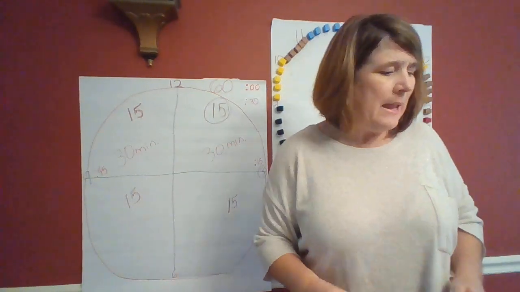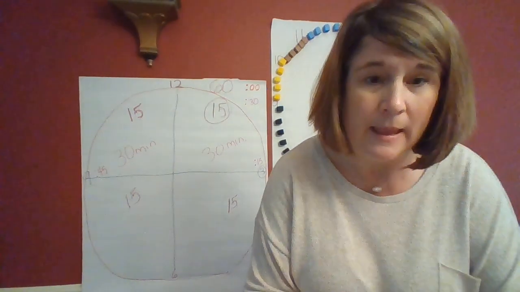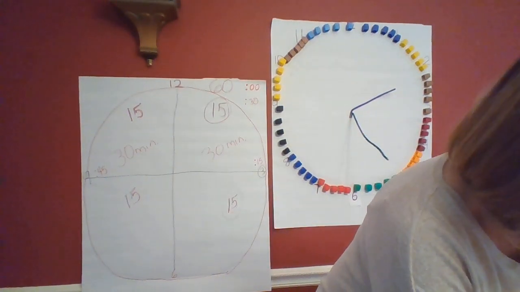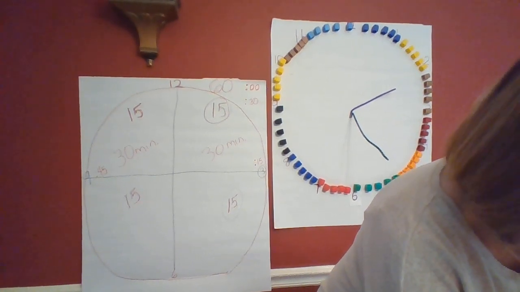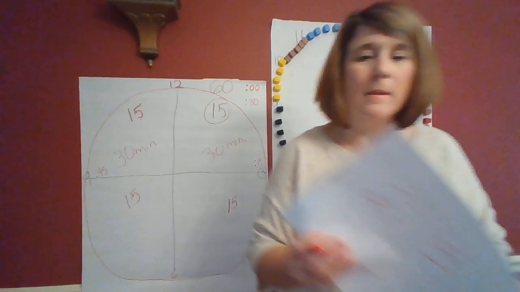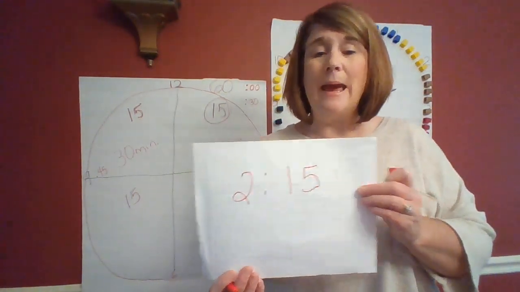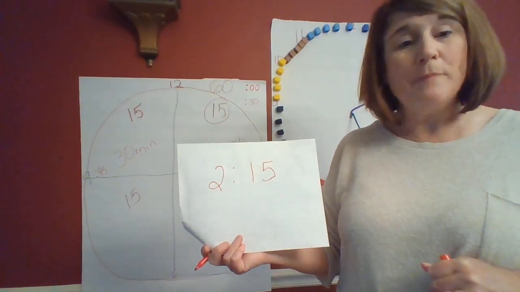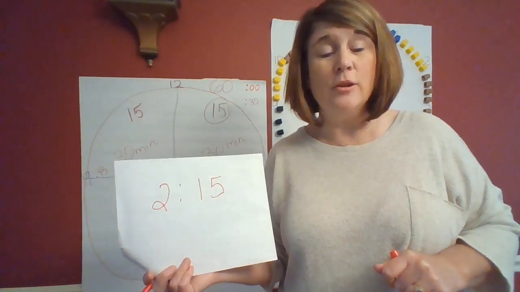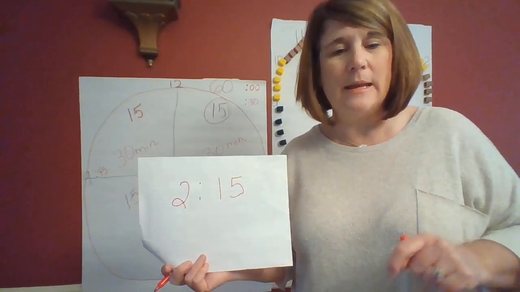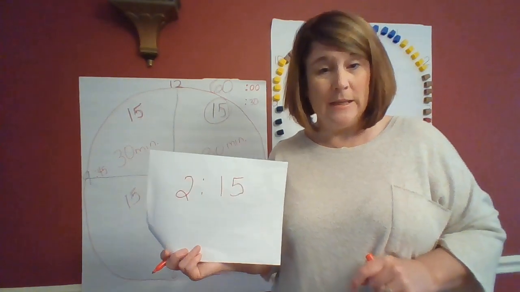So if someone wrote down a time and wrote the time 2:15, they might actually say quarter past 2. Will you take your clock that you made yesterday and set it to quarter past 2 or 2:15?